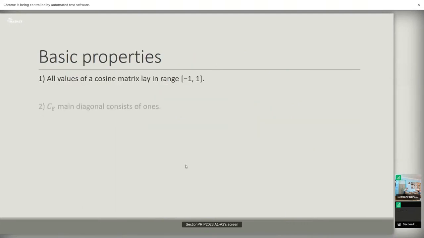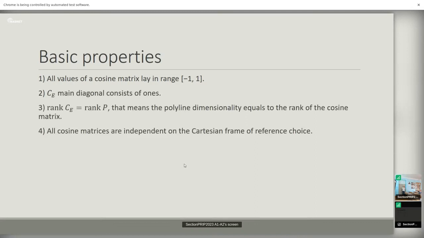There are basic properties of these matrices. Since they are cosines, all values lie in a range between -1 and 1. Also, for the square matrix, the main diagonal consists of ones.